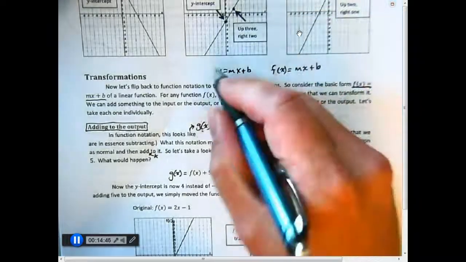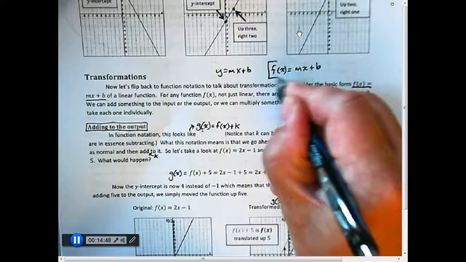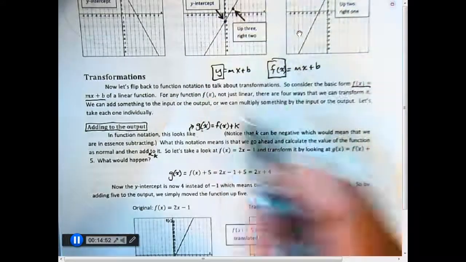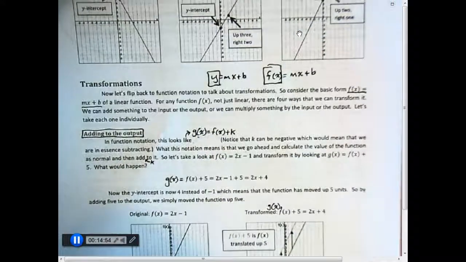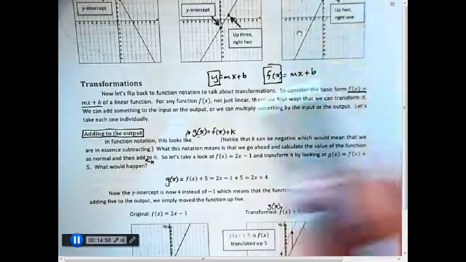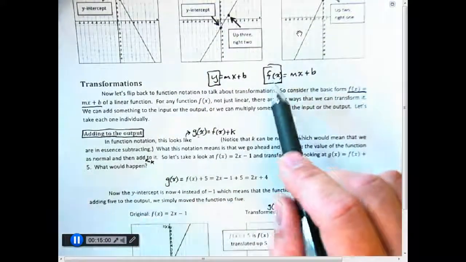So function notation replaces y with f of x. They mean the same thing. It's just one is called function notation.